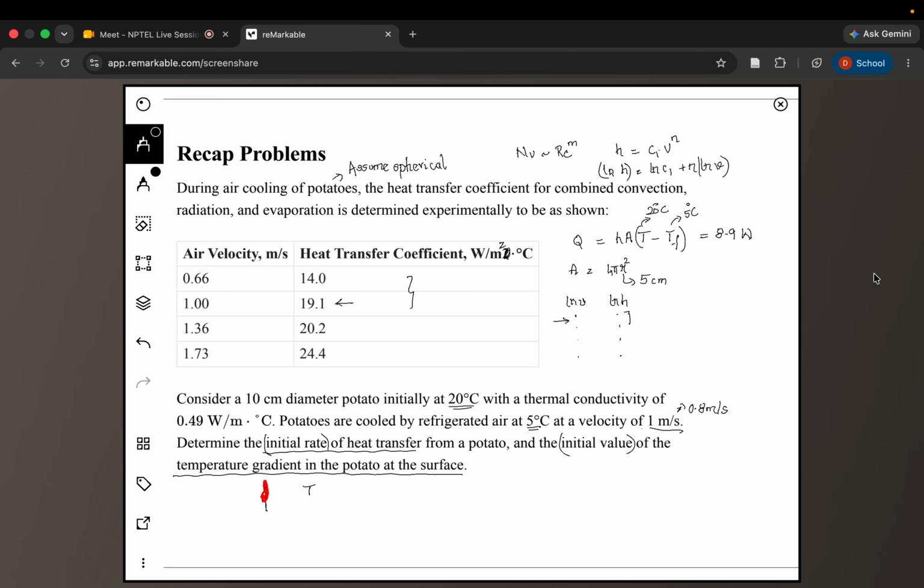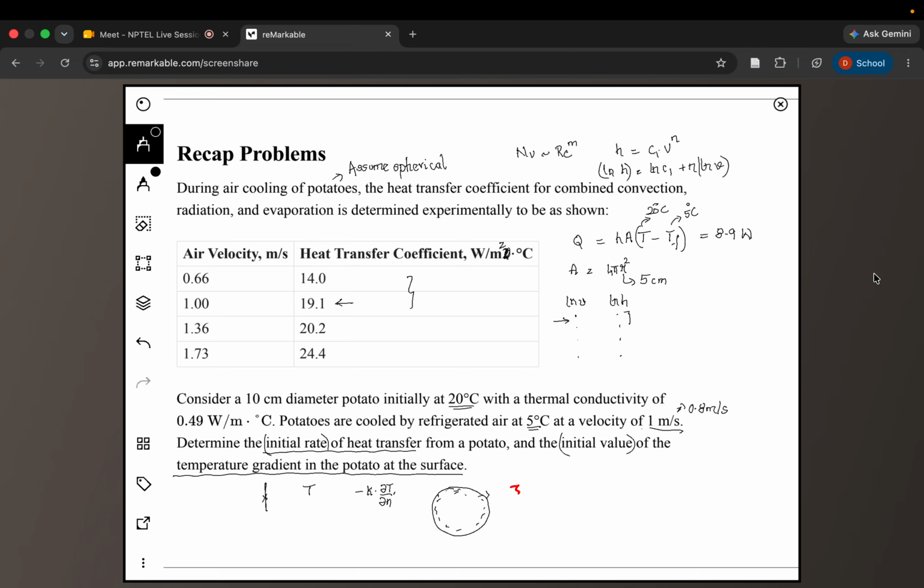Within the potato, or within the solid surface, the heat flux is given by minus k times del T del n. I'm just writing n so that it is normal to the surface, times the corresponding area. In the potato, we have a spherical surface, so the interface will be like a spherical shell.